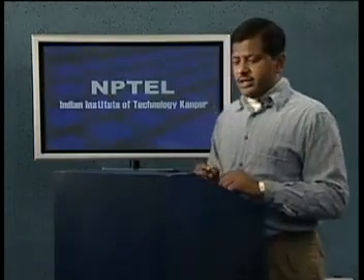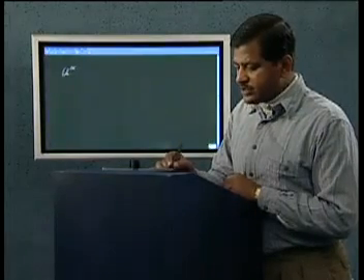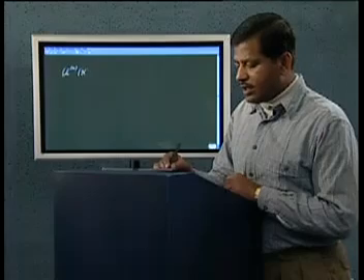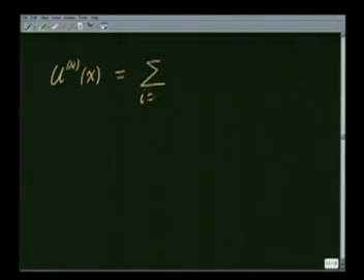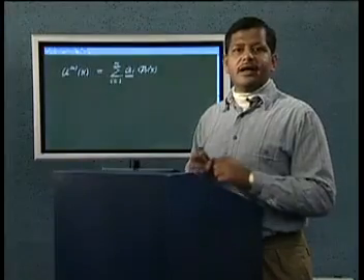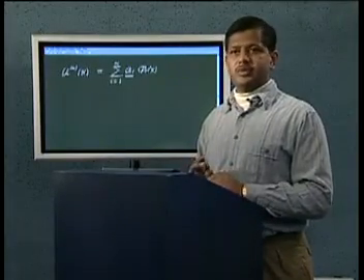Once we have obtained A, we put it back in our expression for the solution, which, at least in our example, is summation of A i phi i of x, where the A i's are now known. So this is how we construct a typical Rayleigh-Ritz or Ritz solution to a given boundary value problem.